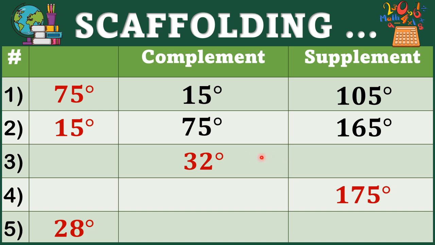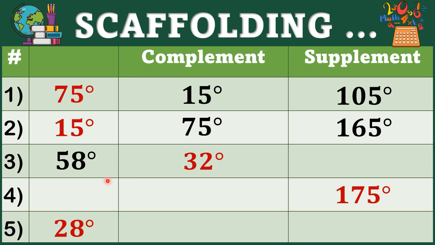The twist is that the complement is already given, but actually it's still the same. So if the complement is 32 degrees, to find the other angle, it's still 90 degrees minus 32 degrees, so you will have 58 degrees, right? If you check, 58 degrees plus 32 degrees is 90 degrees.